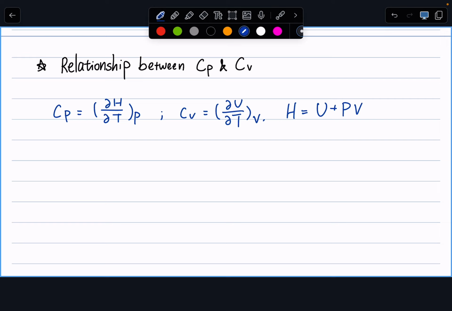So for this question, we will do a more general derivation, only using these relationships to get a general expression for the relationship between Cp and Cv. And then we'll look at a special case, what if it's an ideal gas?